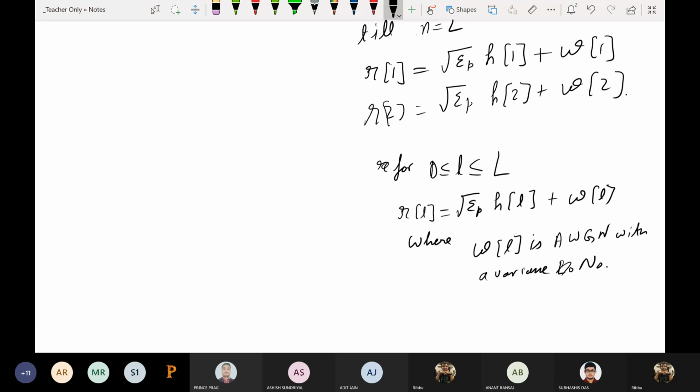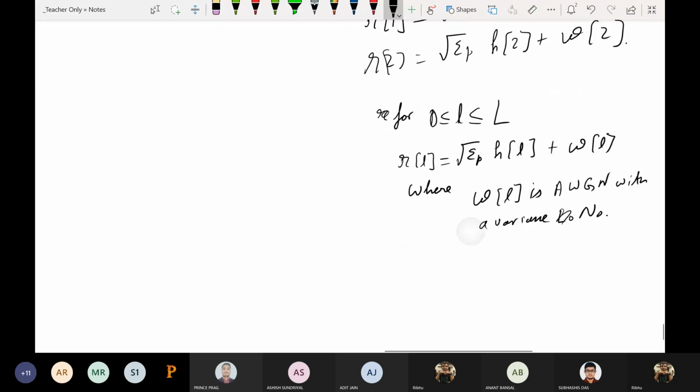That is what ISI is: at each instant, even if you don't transmit anything, due to the ISI you will continue to receive something because of the previous symbols that you sent. Fine. And therefore we get this form.